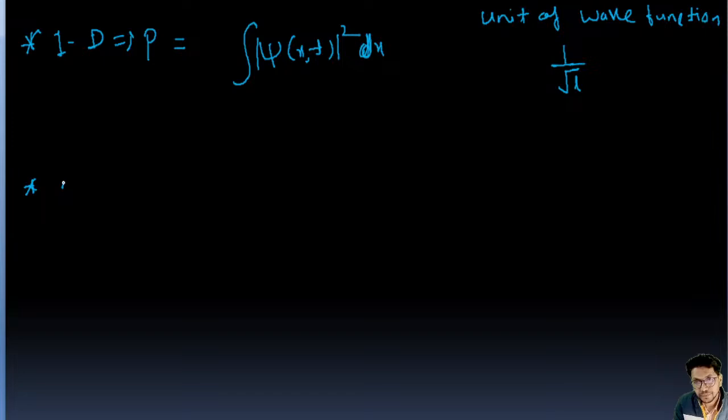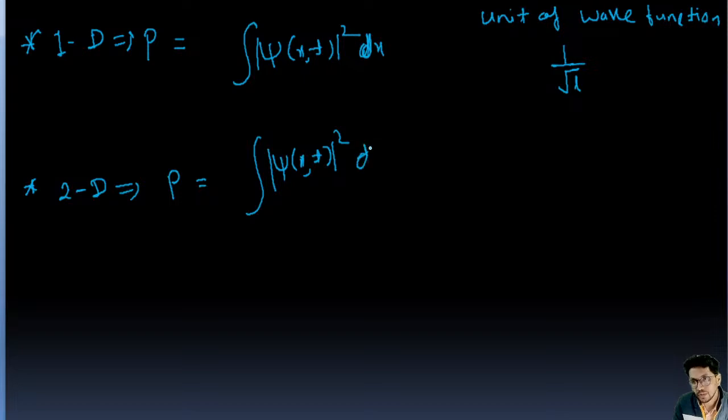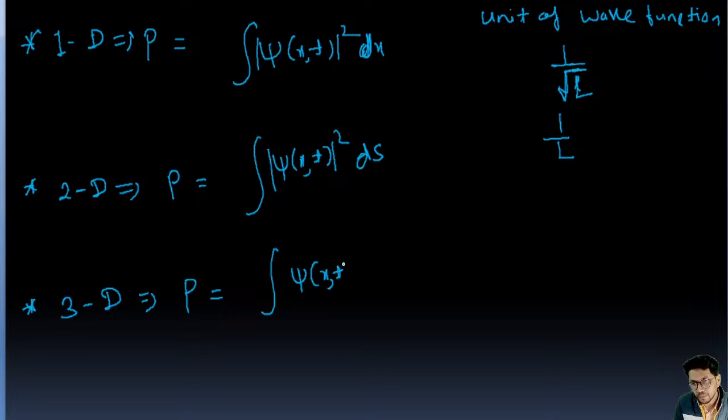In 2D, the probability of finding the particle is going to be the integration of mod square of psi of x,t ds, and the unit of the wave function is going to be 1 upon L. In 3D, the probability of finding the particle is going to be the integration of mod square of psi d tau.